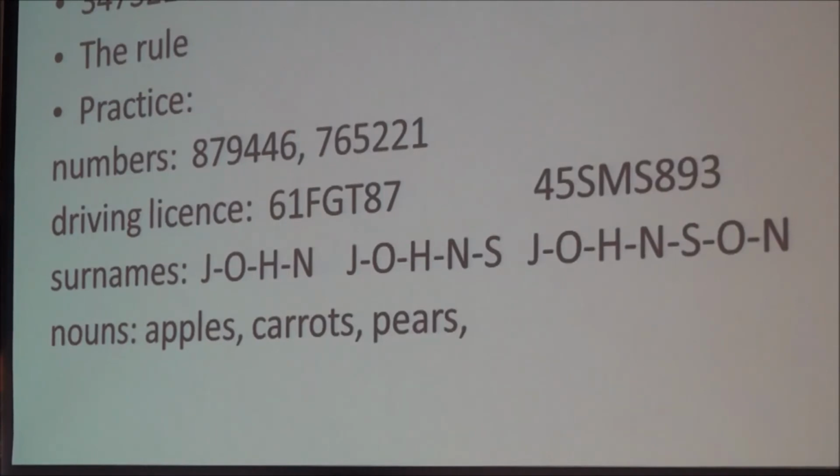And so on. Driving license references, surnames, and of course shopping lists. Apples, carrots, pears. Are those just examples of the list, or is that the whole list? What about this? Apples, carrots, pears. Is that the whole list, or is that just a few examples from the list?